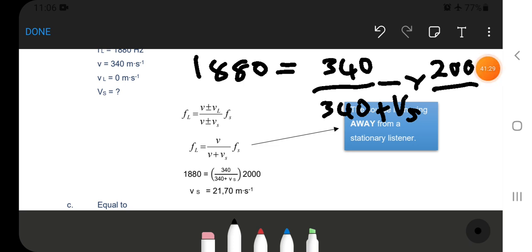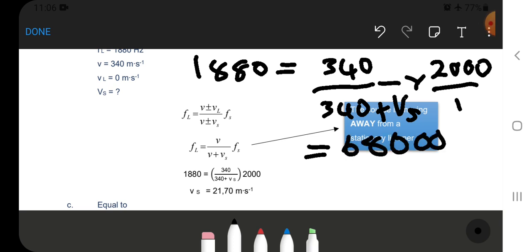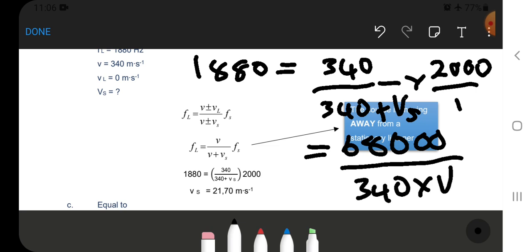I'll just make this 2000 over 1, and then 340 multiplied by 2000 will give me 680,000 over 340 plus the velocity of the listener.